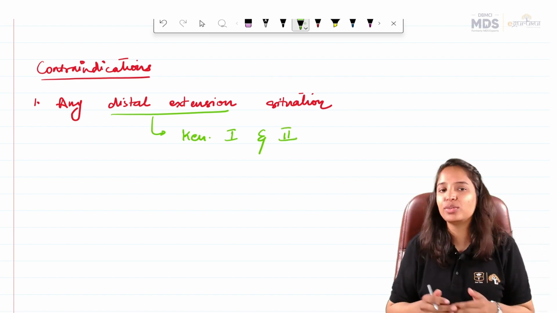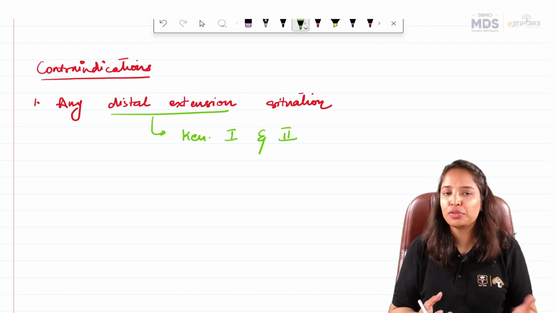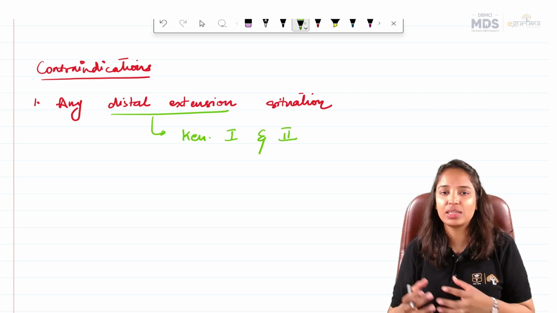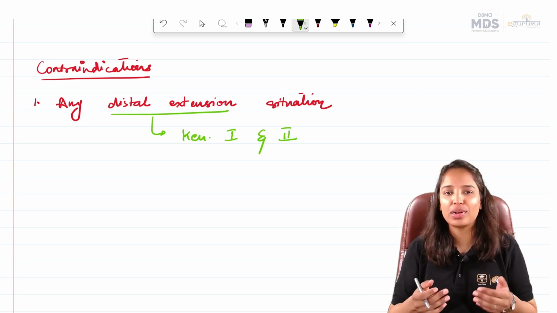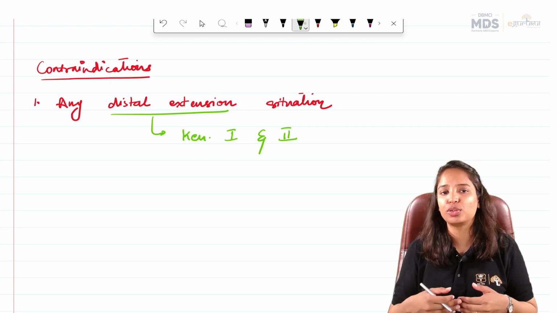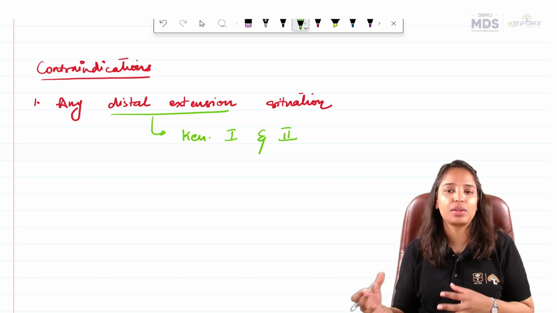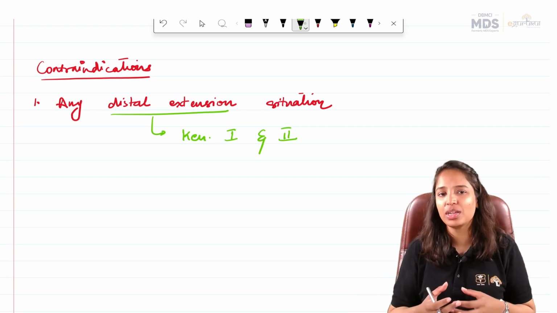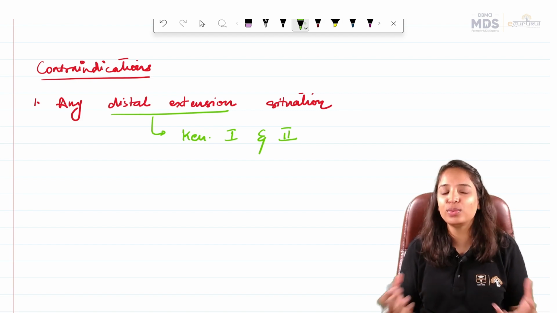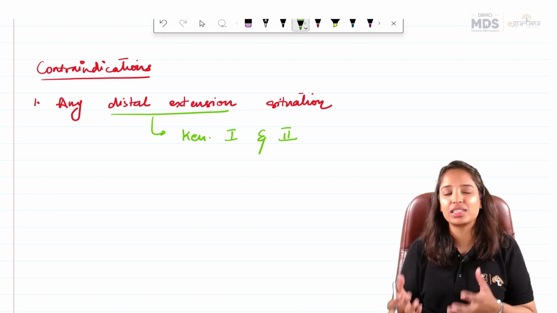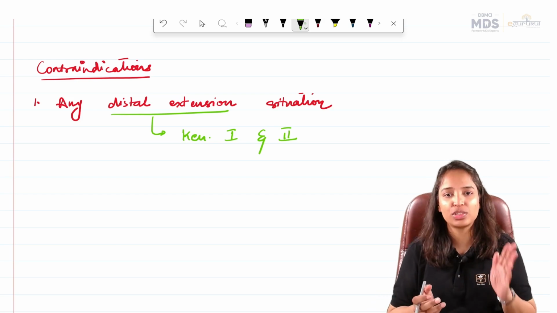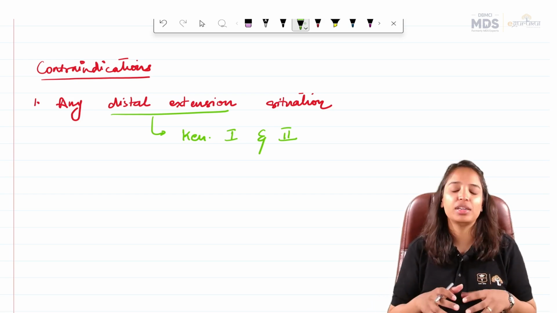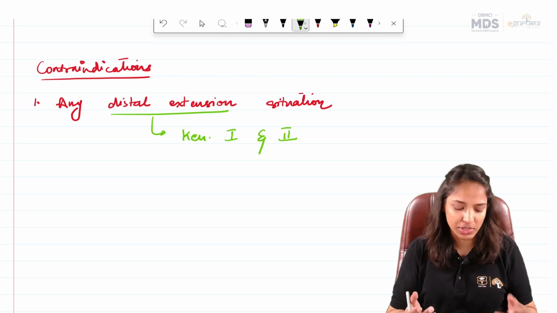Now, as a side note over here, for all those who do not understand what distal extension means, any partial edentulous arch which does not have natural teeth located posterior to it, that is the distal most partial edentulous space in the arch, is also called in loose terminologies as distal extension case. It could be unilateral or bilateral. So class 1 and 2 of Kennedy come under your distal extension situation.